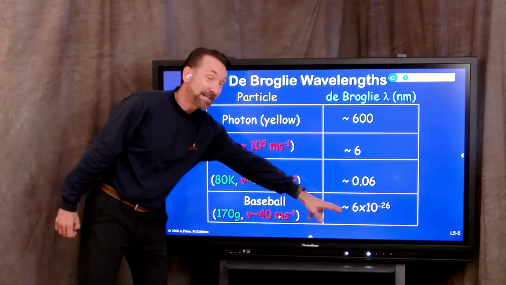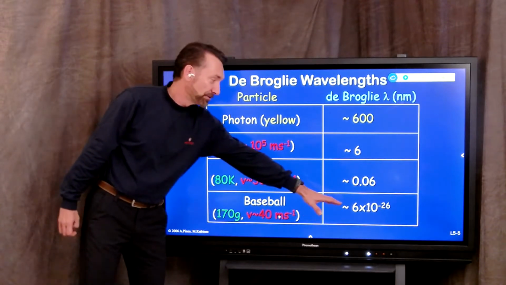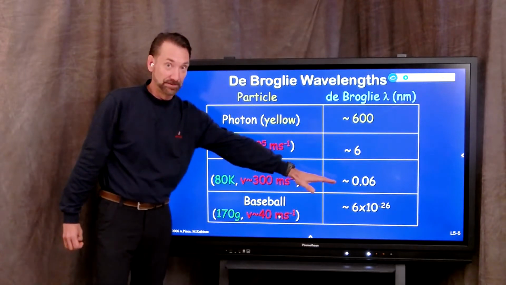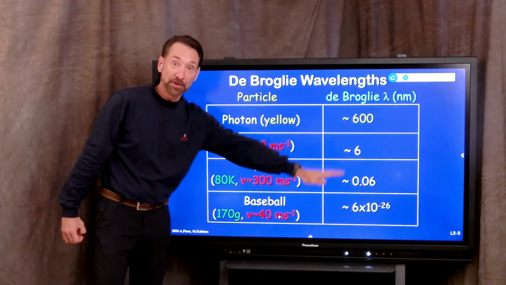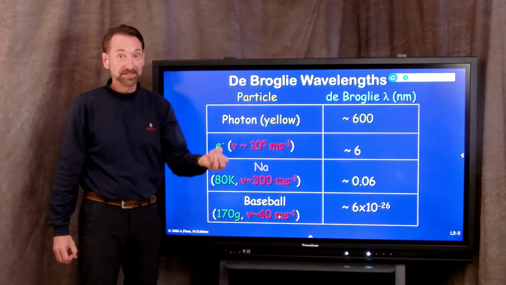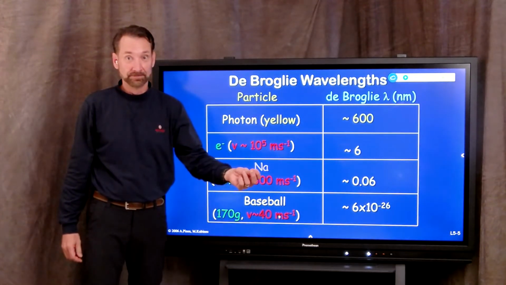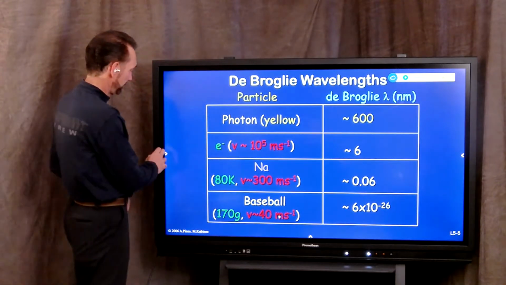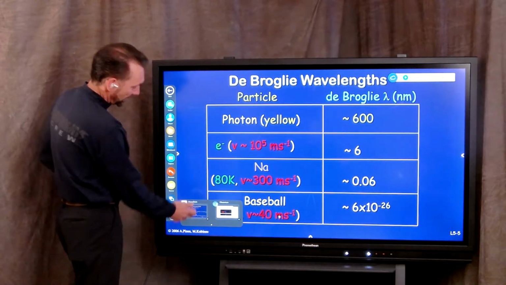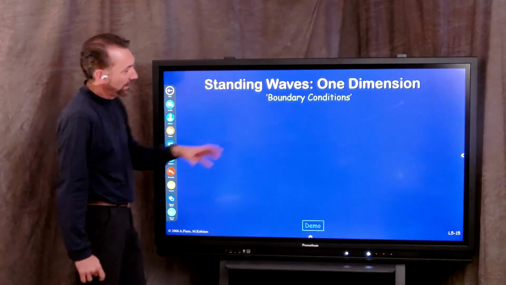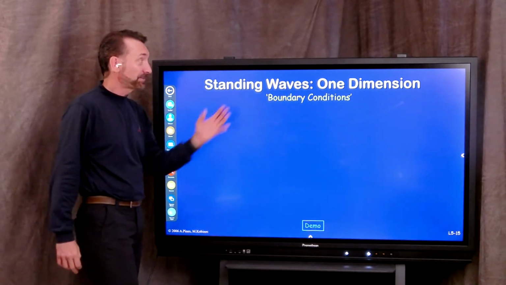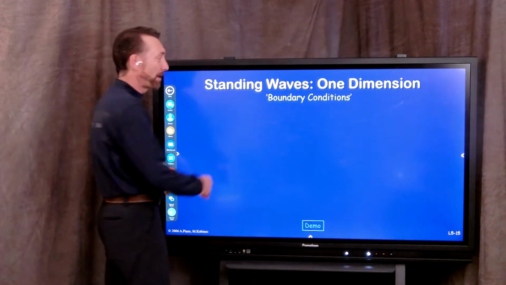This is practically no effect; there's no experiment we can do to detect that. These tiny particles, we can detect those wavelengths. So wave mechanics is the science of the tiny. It applies to tiny things. But if these tiny things are behaving like waves, let's remind ourselves of some properties of waves.